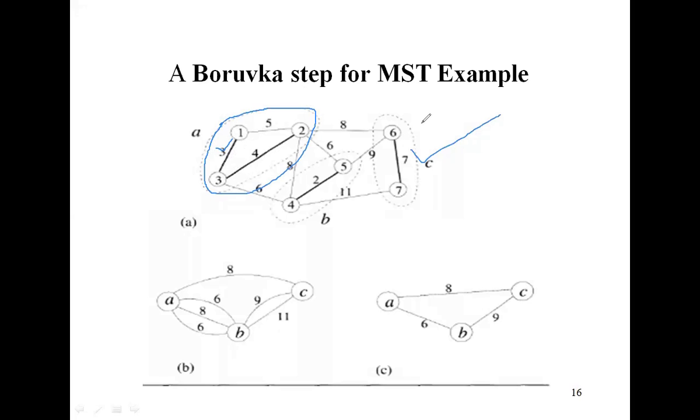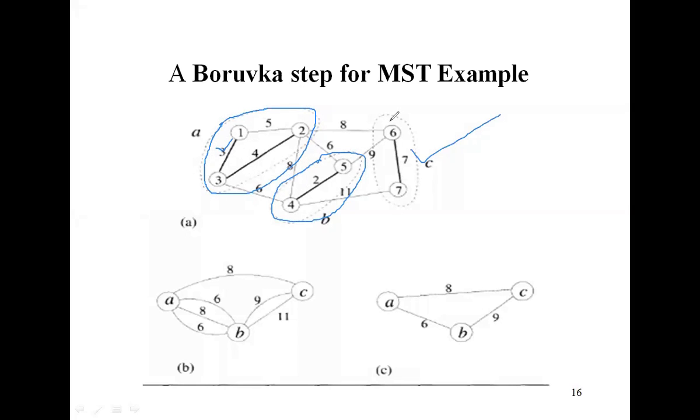The nodes 4 and 5 form a second component. Vertex 4 and vertex 5, this 4, 5 edge is one component. Now see the next one.